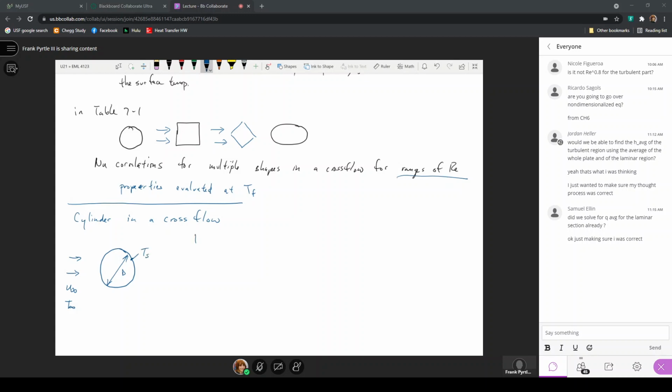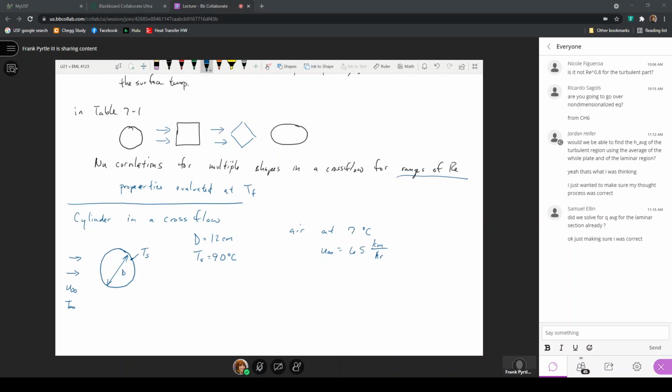Here we'll consider that the diameter is 12 centimeters and the surface temperature is 90 degrees C. The fluid flowing over is air at a temperature of 7 degrees C, and the free stream velocity is 65 kilometers per hour.